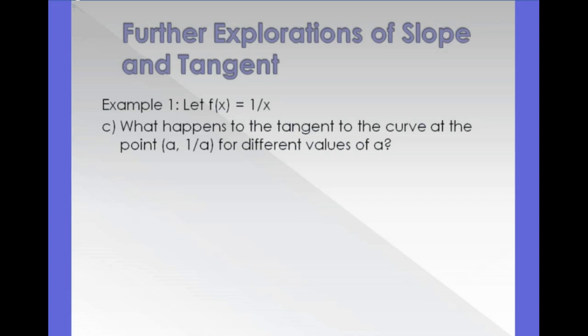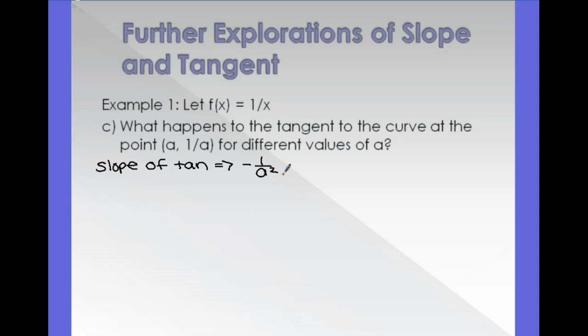Well, let's talk and work through this. So the first thing we want to do is think about the slope of the tangent. So the slope of the tangent is negative 1 over a squared.